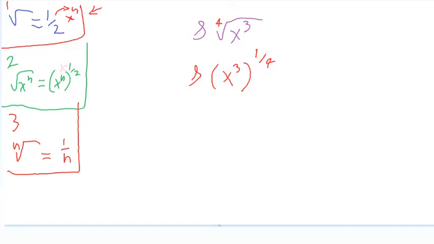Now using the second rule here, we multiply these two, which gives us 8x to the 3/4.